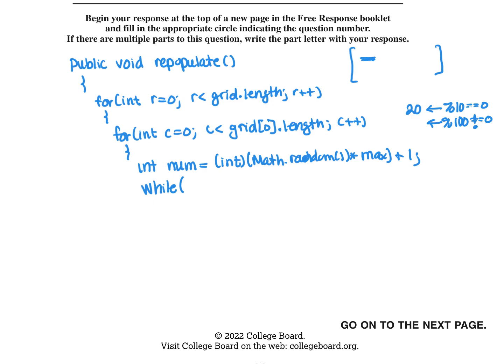So we're going to say num mod 10 is not equal to 0, or the num mod 100 is equal to 0. So while one of those cases is true, if those both are false, then we're going to enter that again. So here, then we're going to go through, and we're going to recalculate the num.